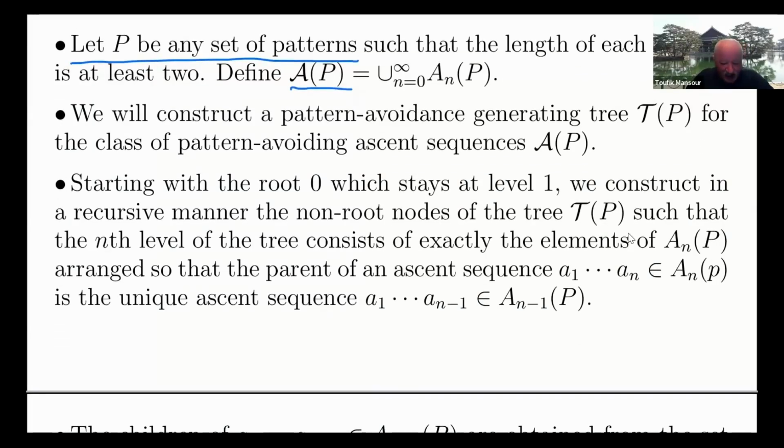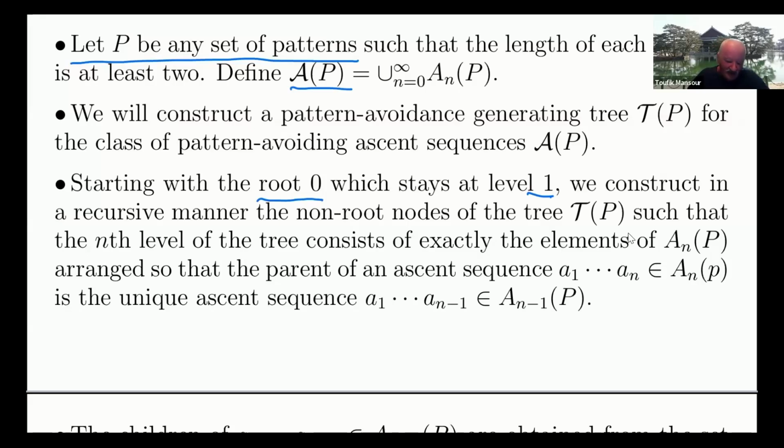Here, I will start with the root 0, and I will say the root 0 stays at level 1, because 0 is counted as a sequence of length 1. Now we construct the tree T_B such that the nth level of the tree consists of exactly the ascent sequences of length n that avoid the set B.